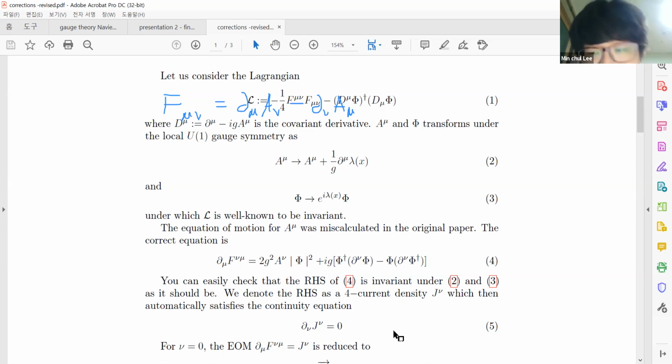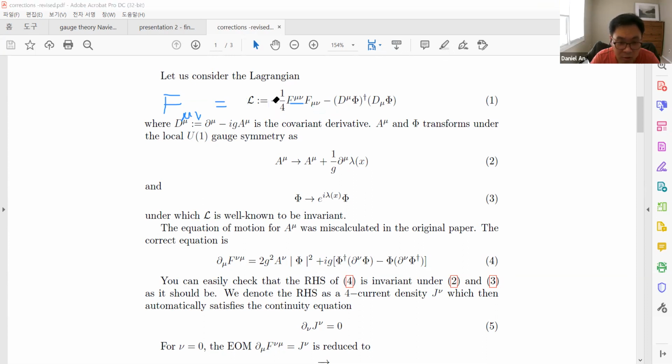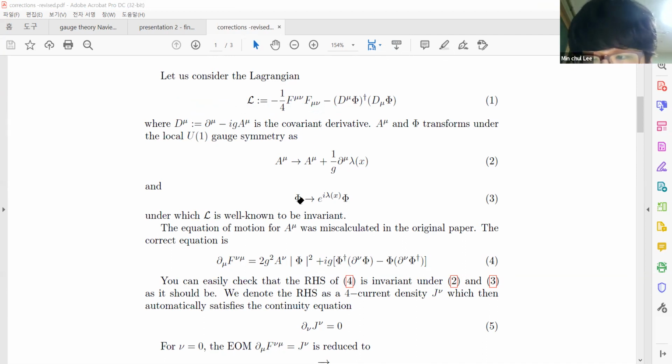Could you say why L is invariant under 3? Oh, that requires some calculations, but okay. Isn't it simply that the complex conjugate gives you e to the negative i lambda, and then if you multiply them, it cancels? Yes. Aren't you taking a derivative?